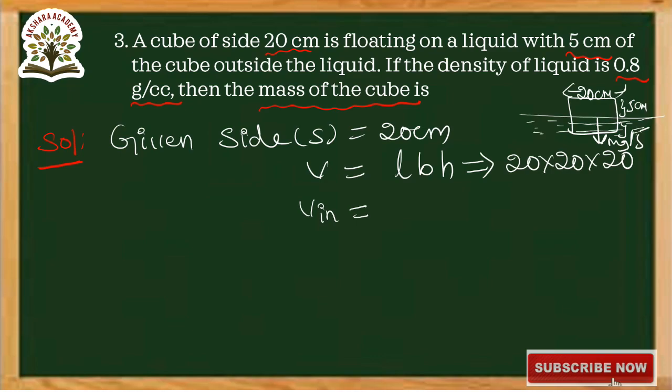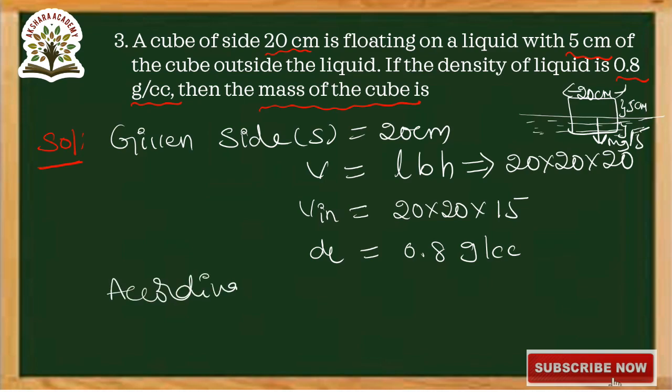So we write L into B into H: L is 20, 20 into breadth into height, which is only 15 centimeters inside, so you have to take 15. Now DL, the density of liquid, they gave as 0.8 gram per cc.